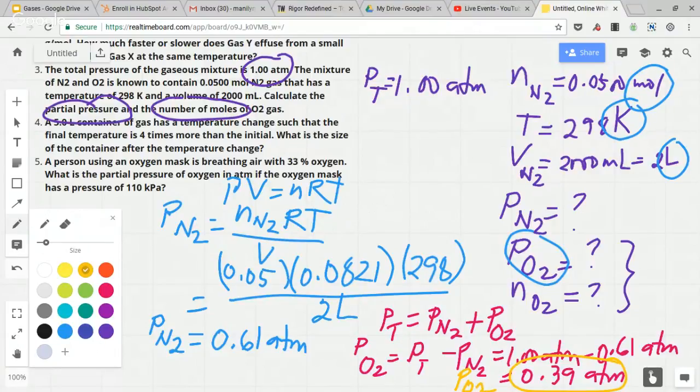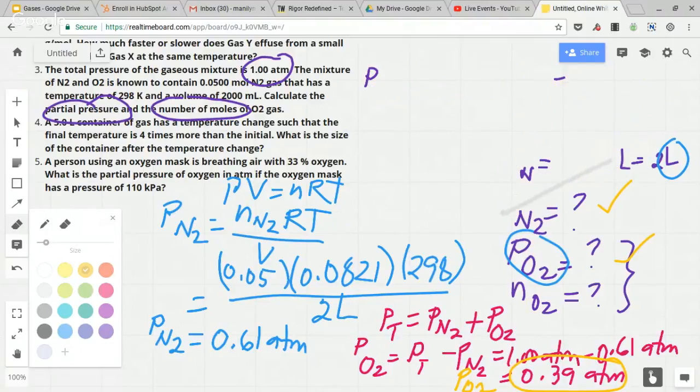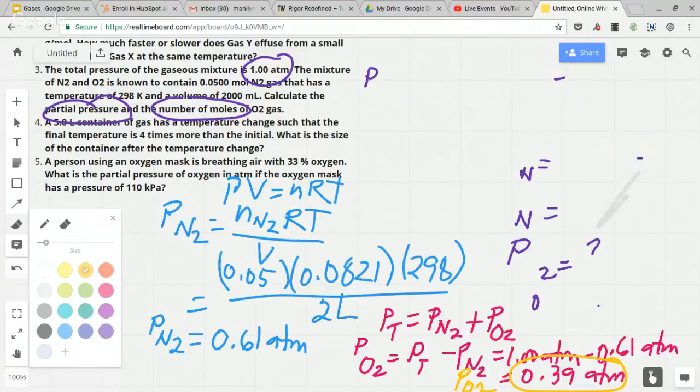Dalton's law says that the total pressure of the mixture is equal to the summation of the individual partial pressure of each gas. And then we're done with that. We can proceed to getting the n of O2. Let me just erase the given part so I can show you the solution to get n of O2.